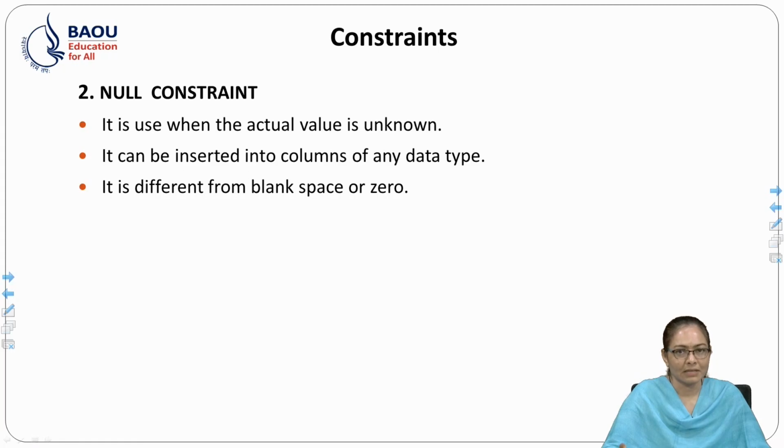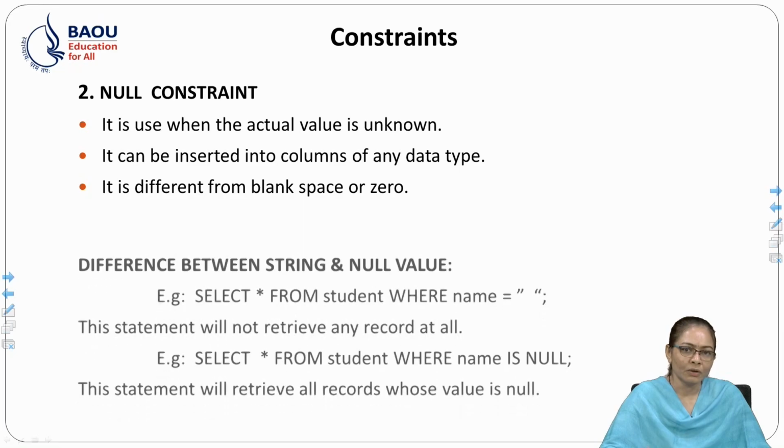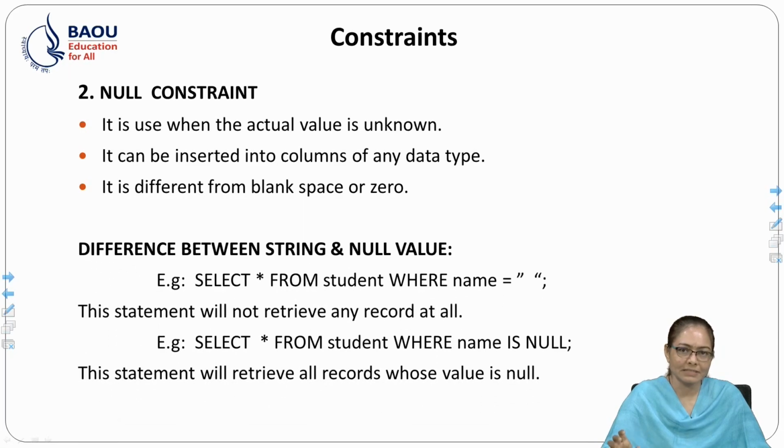then generally we leave the column blank or put 0, but it will create some problems in the future. When we fetch the data whose column contains a blank, it will not access the data. See the differences between string and null value.